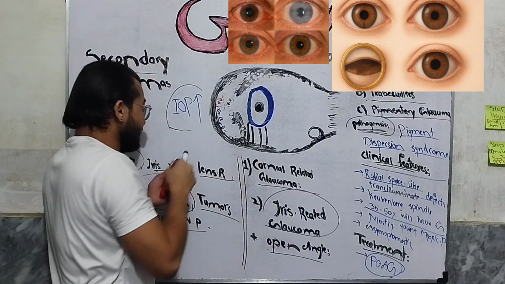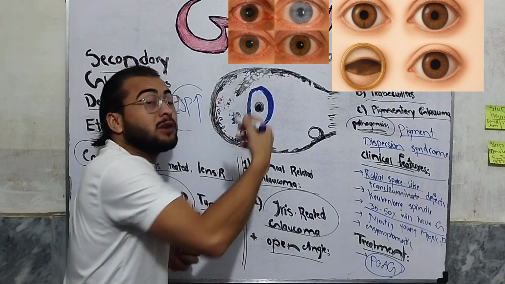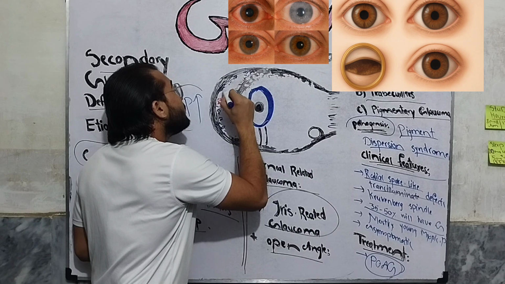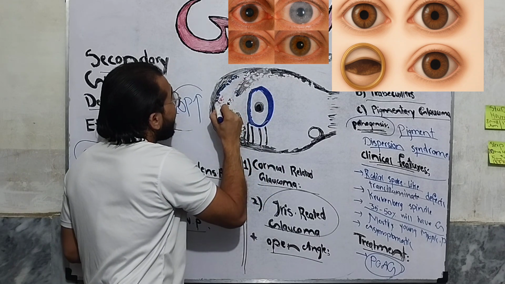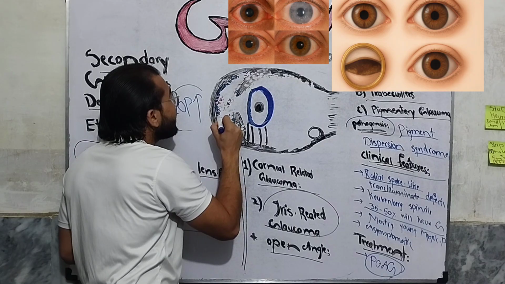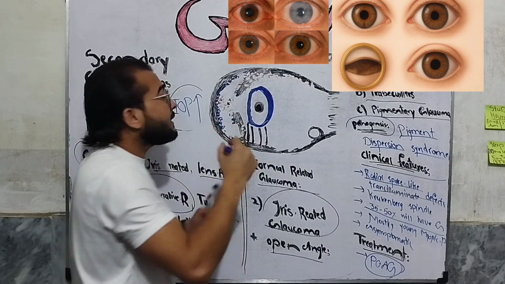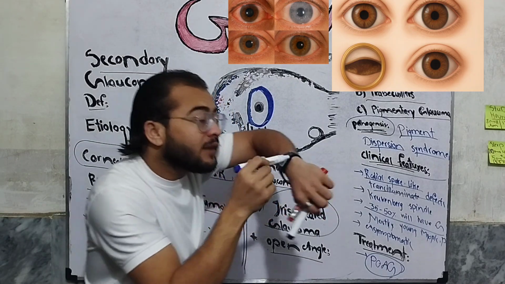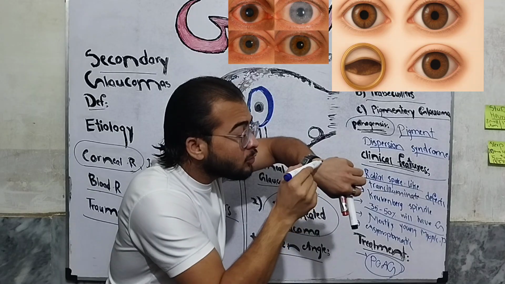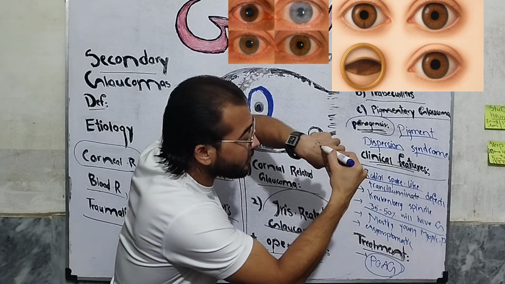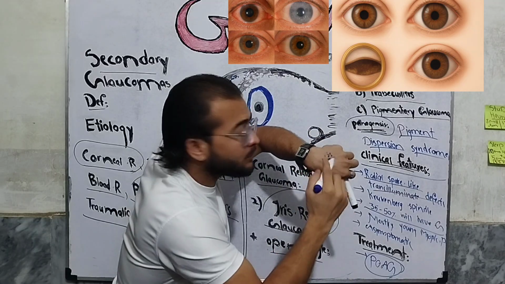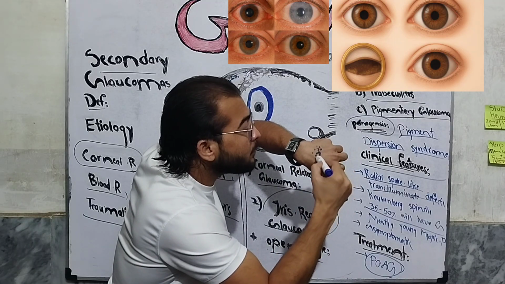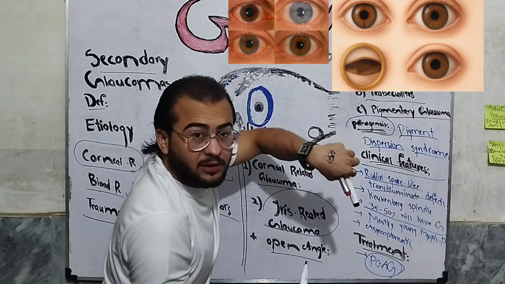Now we know that the pigment also deposits on different regions. These pigments will also deposit on the endothelium of the cornea, in a special pattern: a spindle shape. If this is the cornea, for example, the pigment will deposit in this spindle shape pattern.